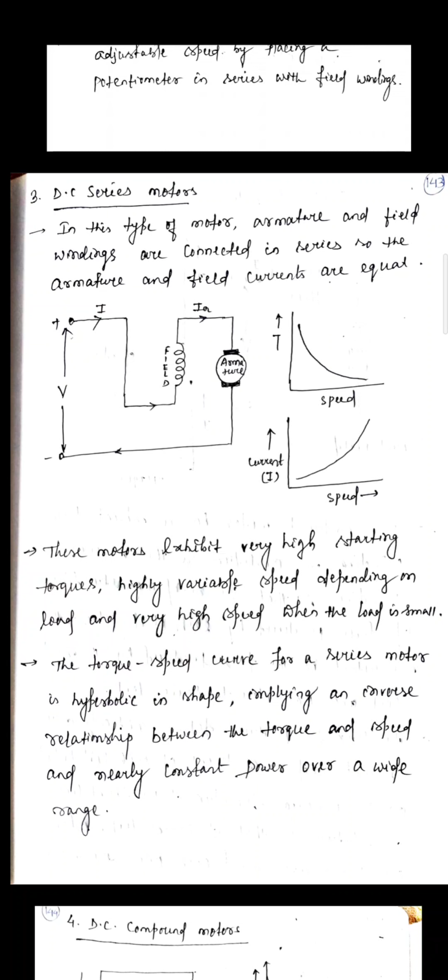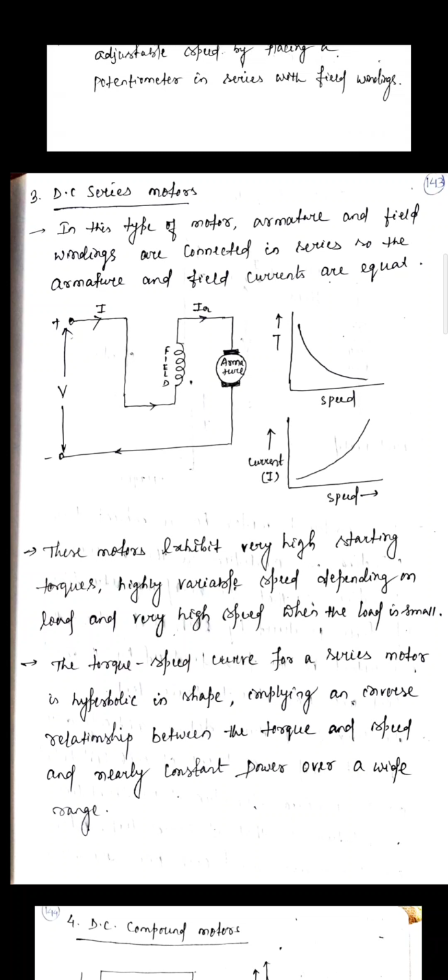In series means the current is the same for the armature and the field winding. So in this type of motor, the armature and field currents are equal. Now look at the graph between torque versus speed and current versus speed.